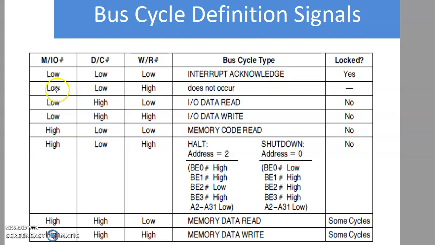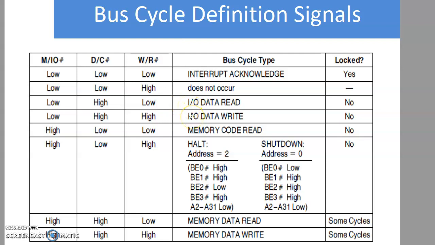When M slash IO bar is low, D slash C bar is low, and W slash R bar is high, it cannot occur. When M slash IO bar is low, that means it's an input output. D slash C bar is high, that is it's data related, and W slash R bar is low, that means it's a read. So that indicates it's an IO data read.